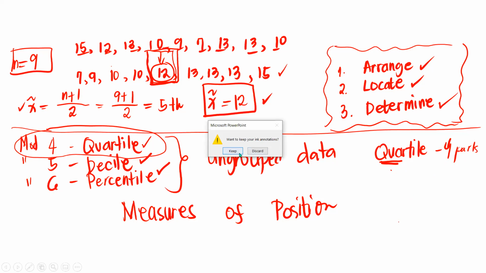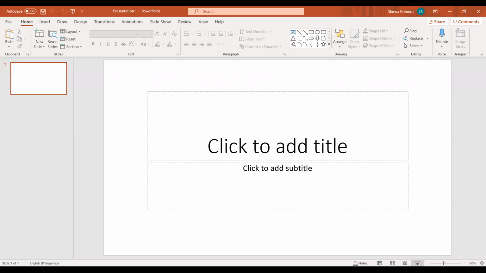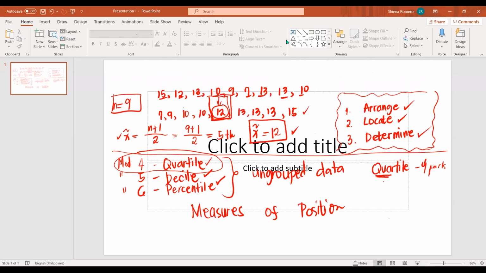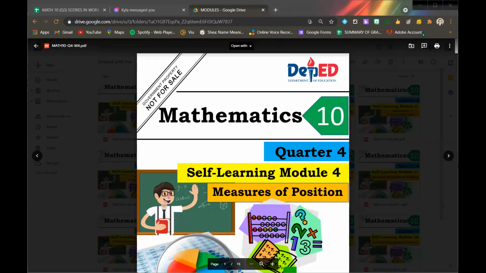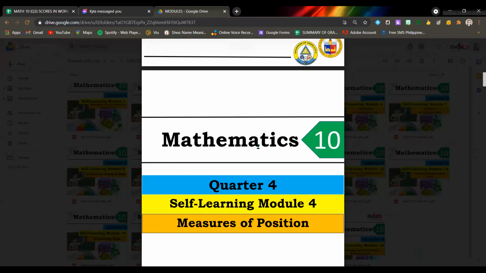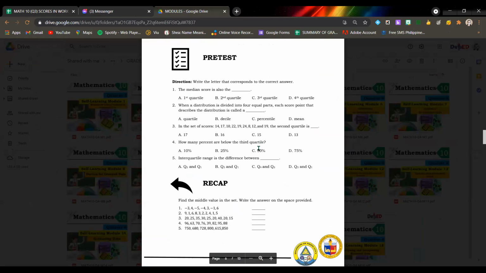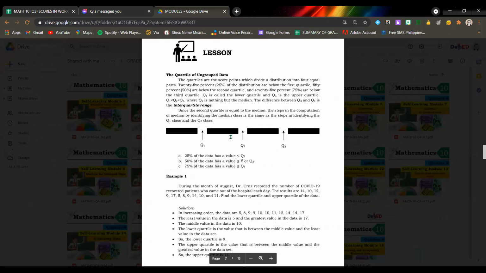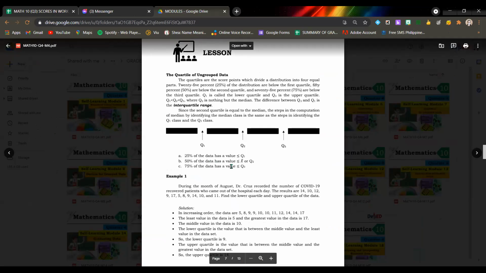The module. Let me share. So, ipapakita ko po muna sa inyo, ito.